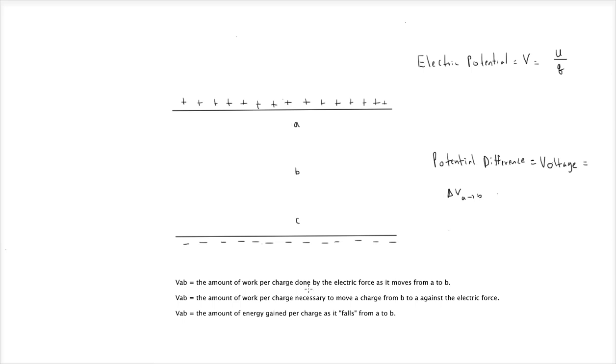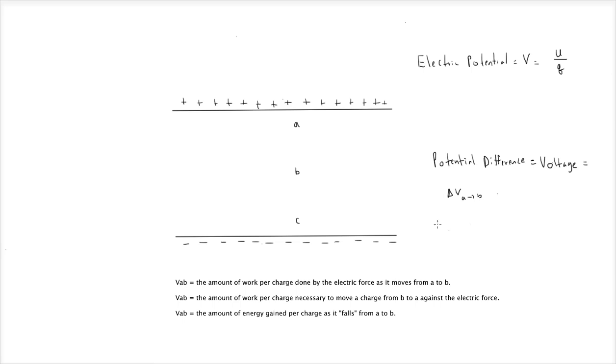Both ways tell you the same thing, potential energy per charge. The last way to think about it is that if you're losing potential energy, you're gaining kinetic energy. So if you go from A to B, how much energy do you gain? How much money do you get to draw out of your bank account versus going from A to C?